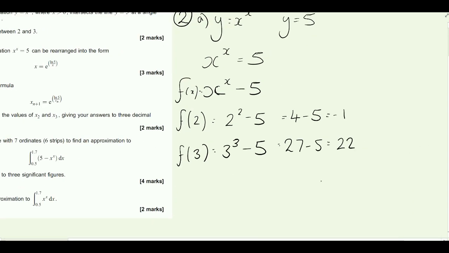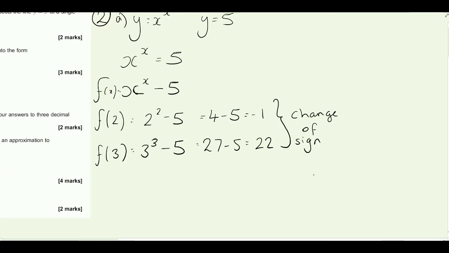And then we can say here, well, as always, change of sign, therefore alpha lies between 2 and 3. So that's method 1, okay, creating the function of that intersection.